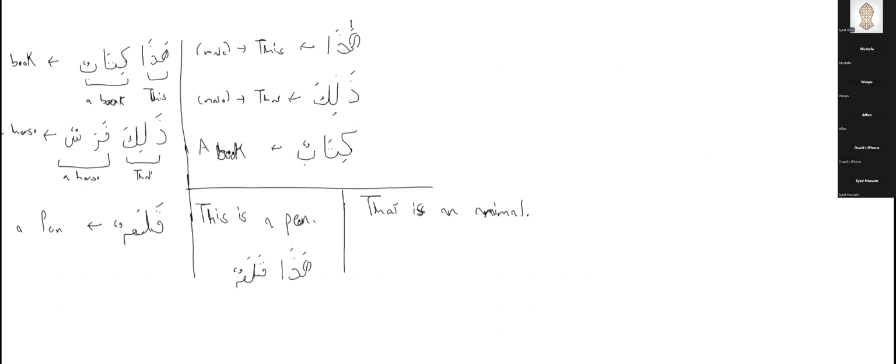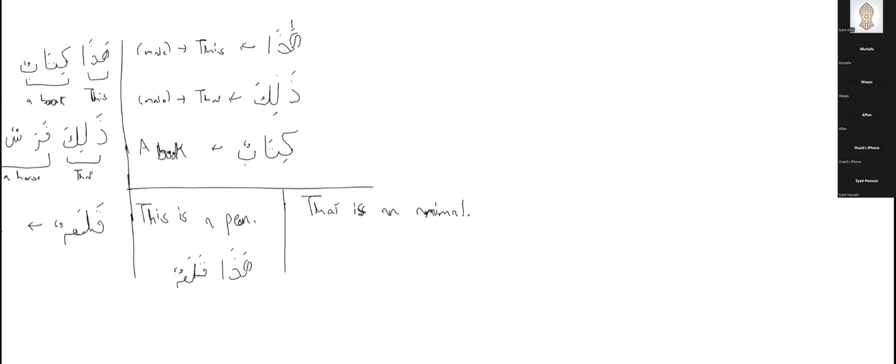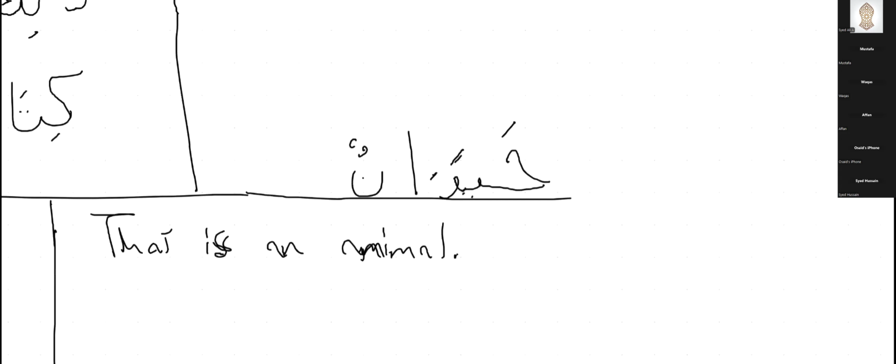So the word for animal, right, is حيوان, right? So let me spell it out. The ha, ya, wow, ya, wa, wow, alif, noon, حيوان, right? We draw it a bit more closer so you guys can see.